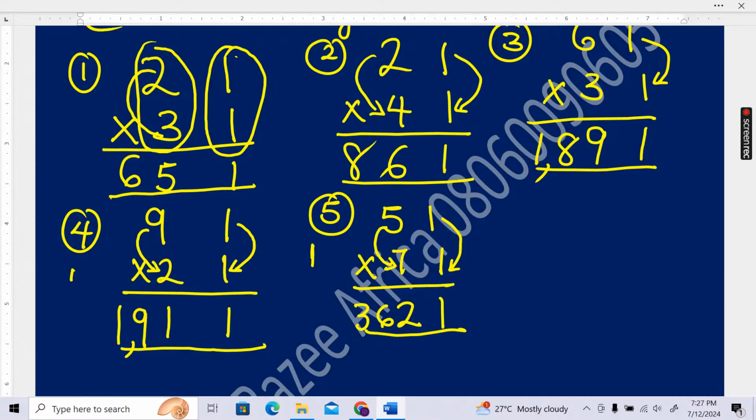Write down 36. So 51 times 71 is equal to 3,621. That's amazing, right? So you can do this in your head because this particular method is for you to multiply two-digit numbers ending with 1.